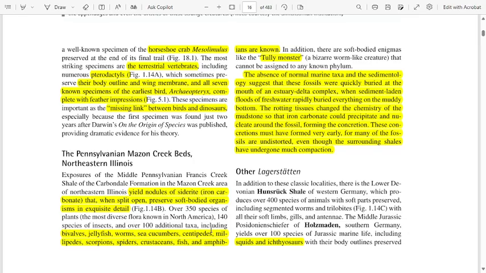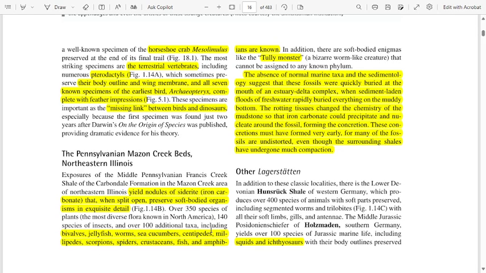Over 350 species of plants, the most diverse flora known in North America, 140 species of insects, and over 100 additional taxa, including bivalves, jellyfish, worms, sea cucumbers, centipedes, millipedes, scorpions, spiders, crustaceans, fish, and amphibians are known.